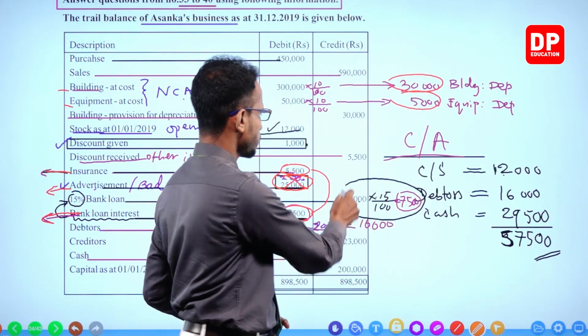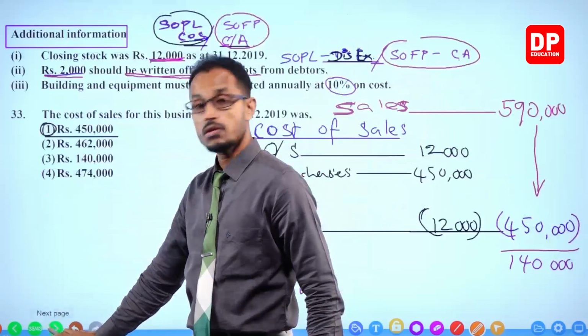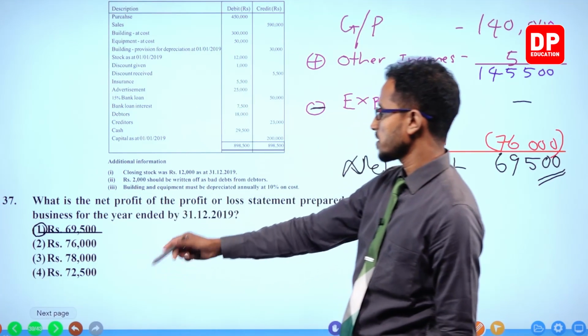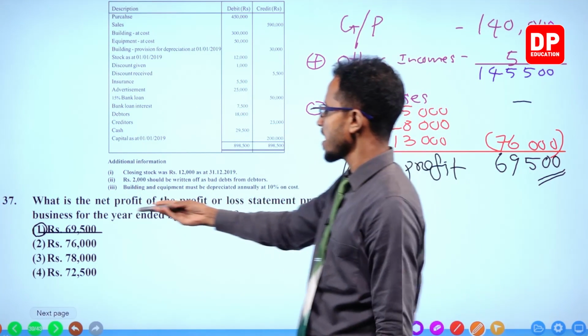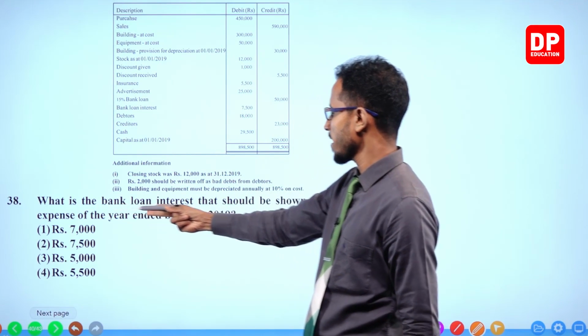This is the calculation. Check whether your answers are there. What is the net profit? No, we did that. 38. What is the bank loan interest?